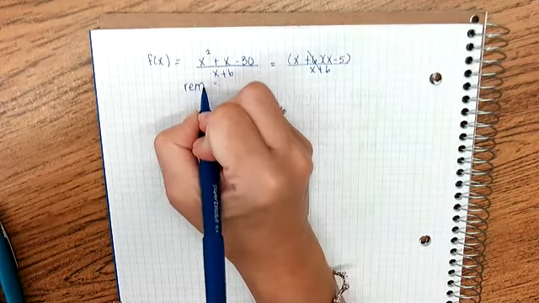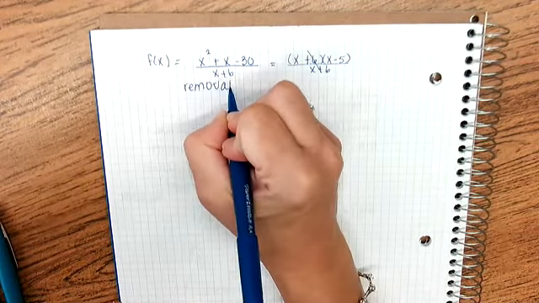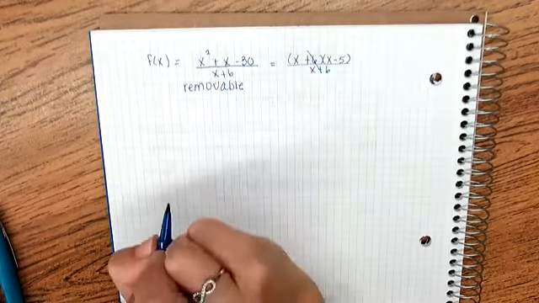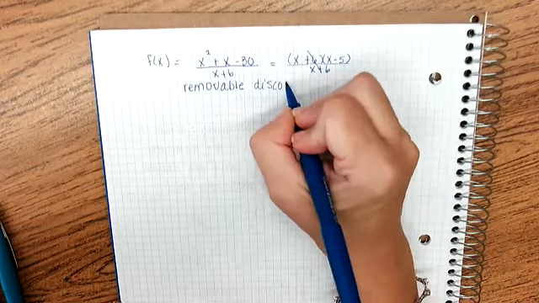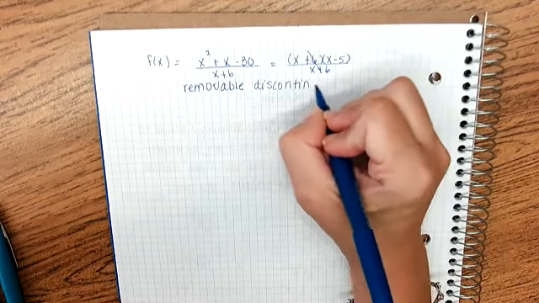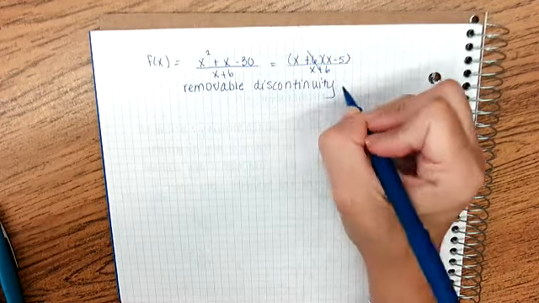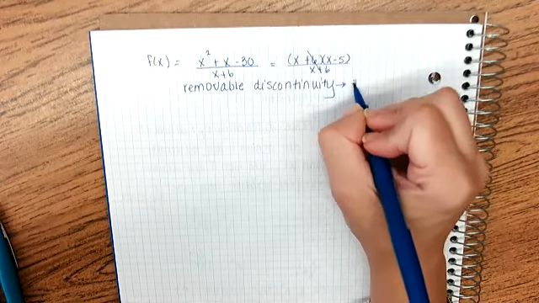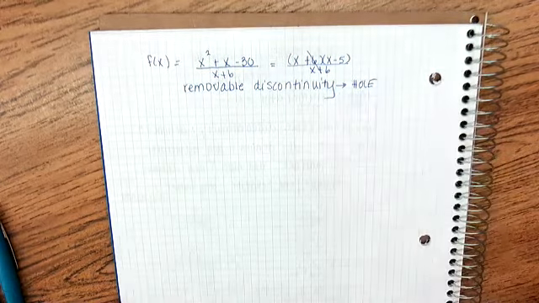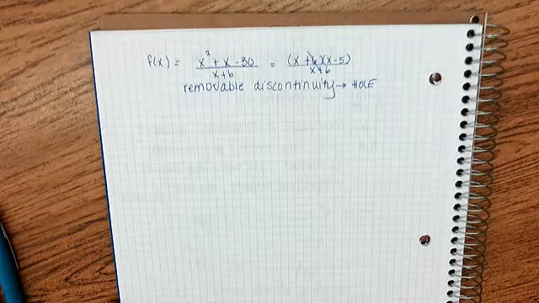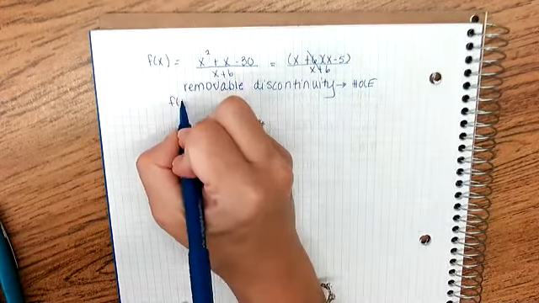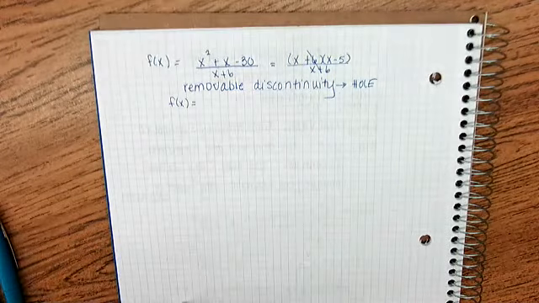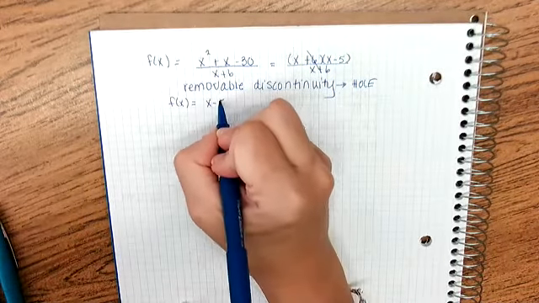So as soon as you are able to factor and reduce, you get a removable discontinuity, which is also known as a hole. So you are now left with f of x equals x minus 5.